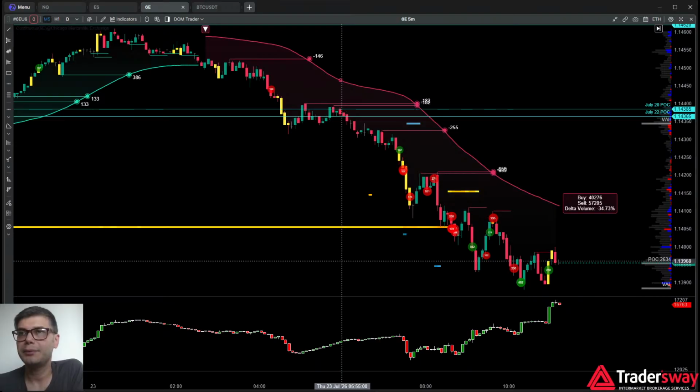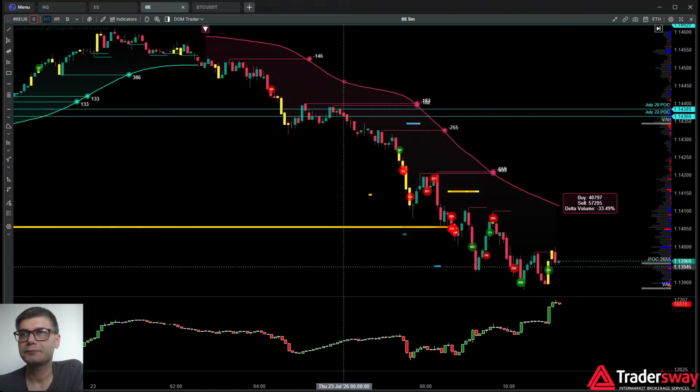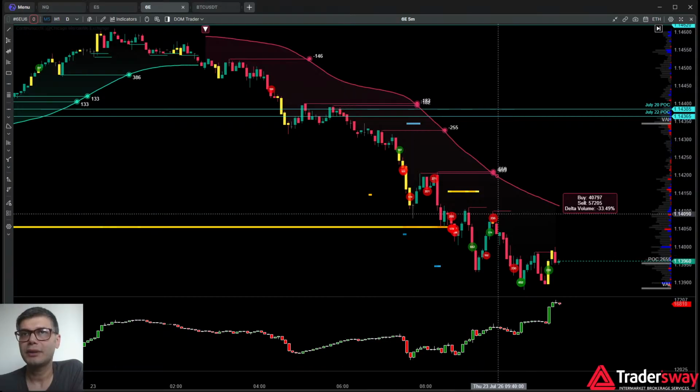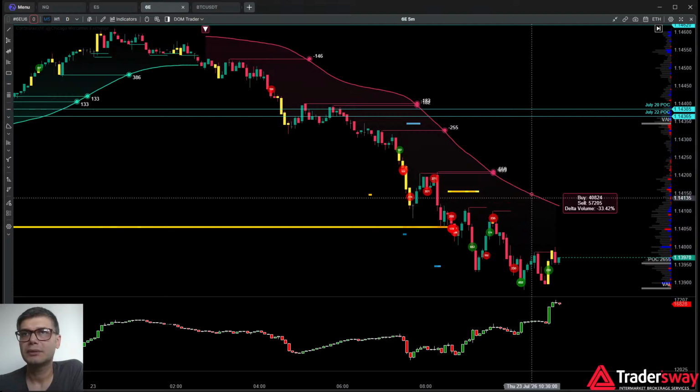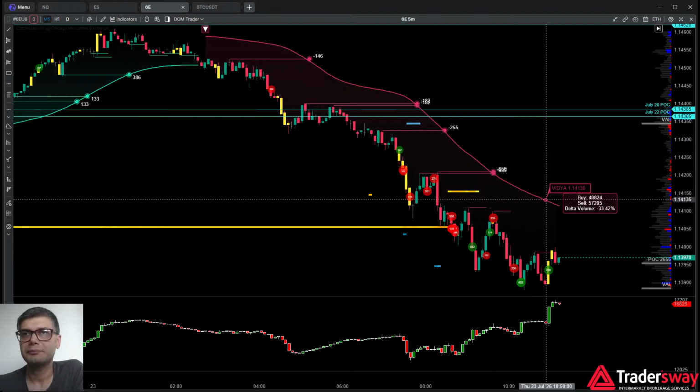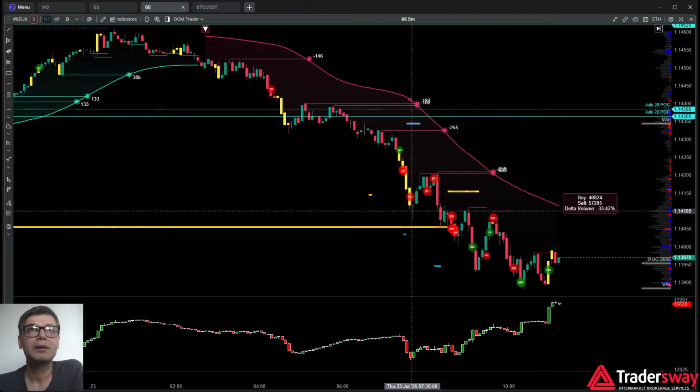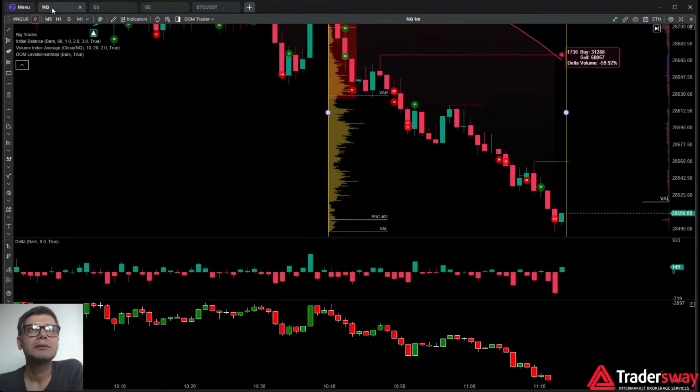It's right at the POC. If buyers are determined to push the price higher, now is the time. At least they can attack these equal highs and touch the volume average index, VWAP. So POC has changed here.